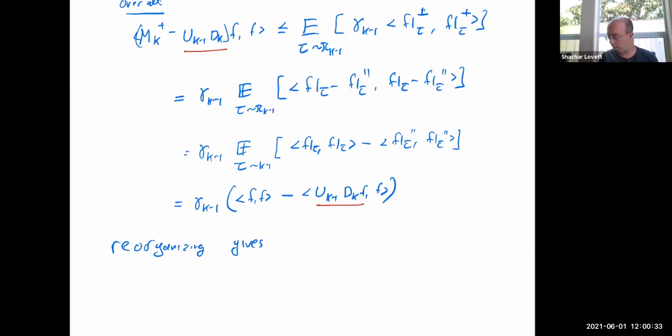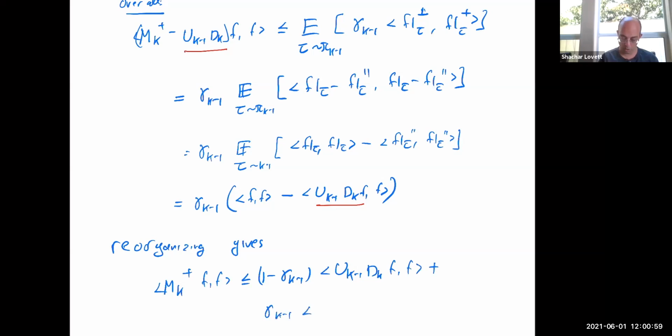It gives that mk plus f is smaller than 1 minus gamma k minus 1 uk minus 1 dk ff plus gamma k minus 1 ff, which is what we're trying to prove, because this is almost the identity ff. This is exactly what we're trying to prove.